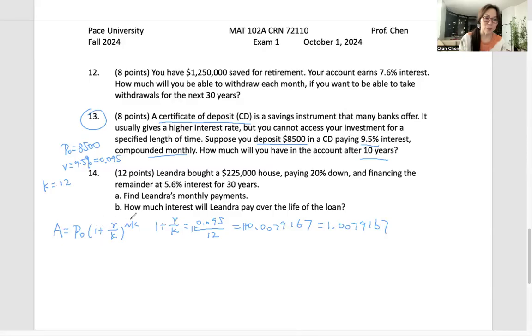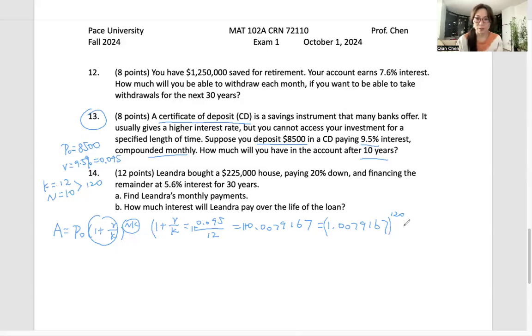Now we raise this number by N times K, right? What's N times K? N equals 10 years, K is 12. Multiply these two, we get 120. So we raise this number by 120.